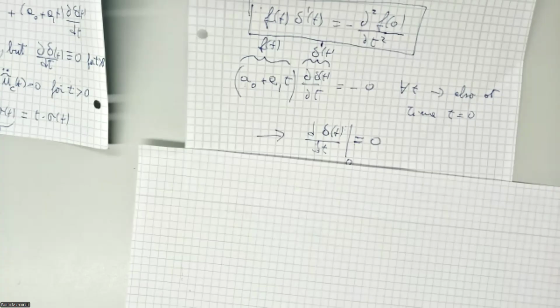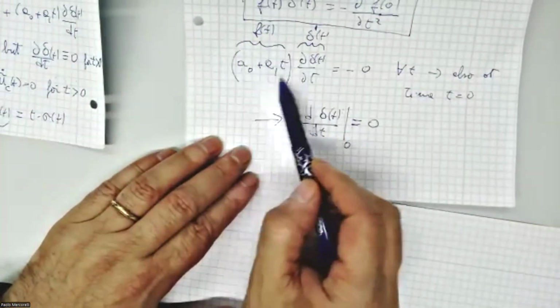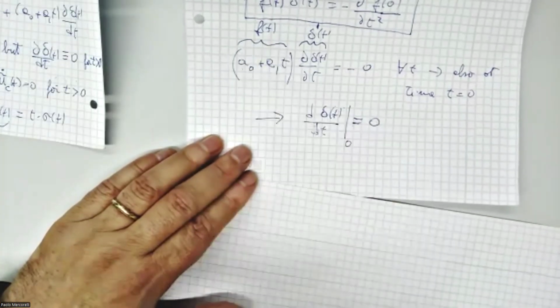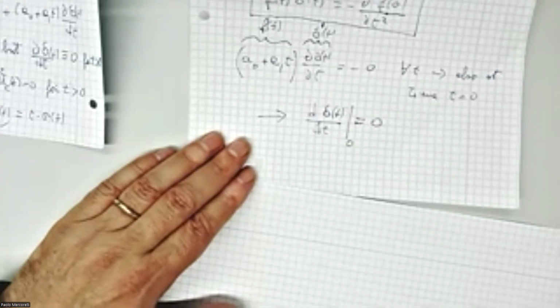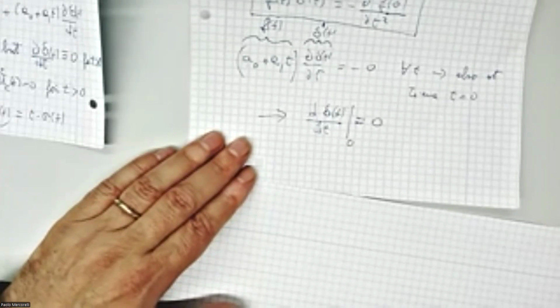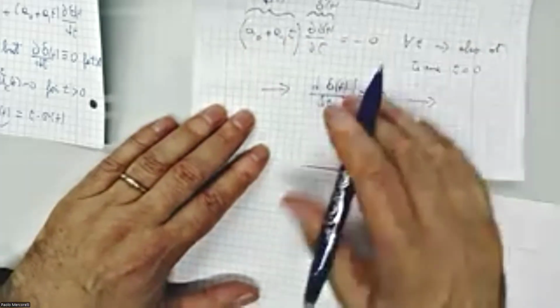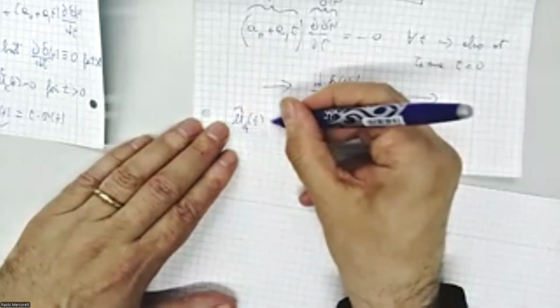In such a situation, of course, this means if this is the function f of t, which we assume as an output of our system, you remember, this was our hypothesis.